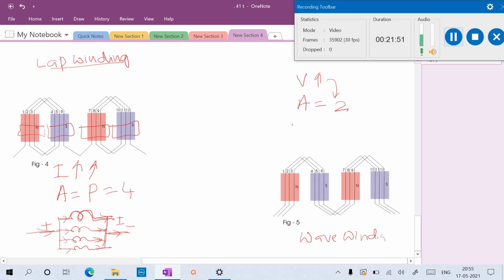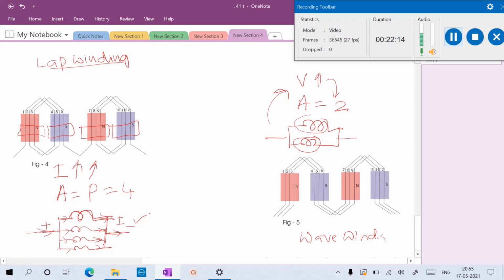But in the wave winding, whatever the number of poles, there are only 2 parallel paths, so the generated voltage adds up. That's why it is preferred for higher voltages, and lap winding is preferred for higher current.